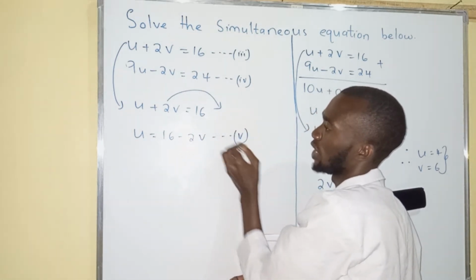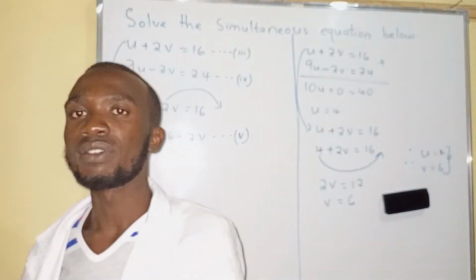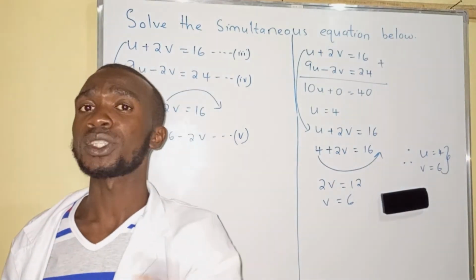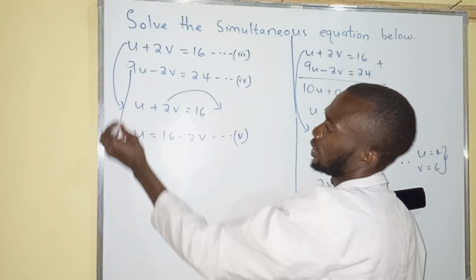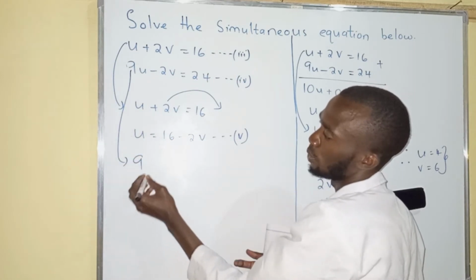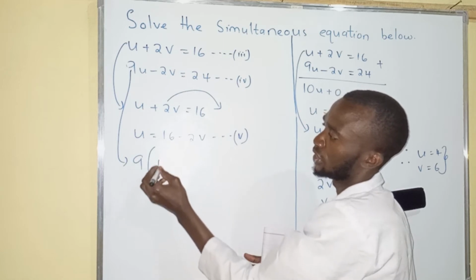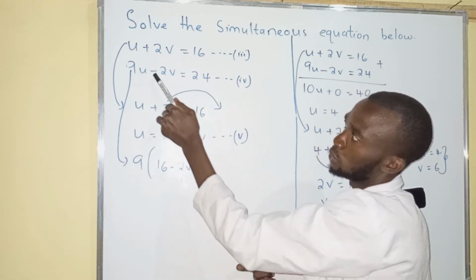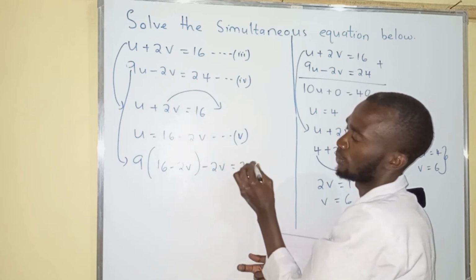Now, the value of u in the first equation, u having been made the subject of the formula, I am going to substitute it in the second equation. So it was 9u, but u is 16 minus 2v. 9 times (16 minus 2v) minus 2v again is equal to 24.